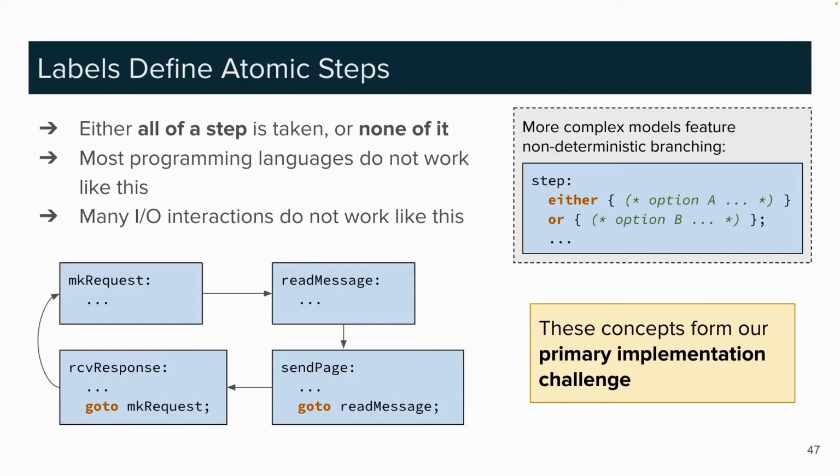Also, more complex models will have this little construct called an either, which allows you to branch non-deterministically between multiple choices. Implementations do actually do this in practice, but they don't really say it like that. And again, this is an extremely general theoretical construct which needs to be somehow converted to talk about the practicalities you need when you're, say, reading between one network socket and another network socket.